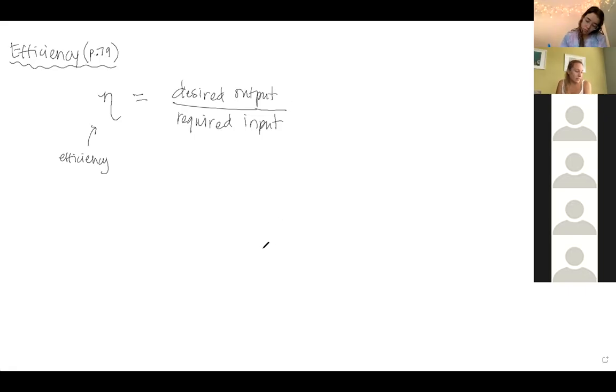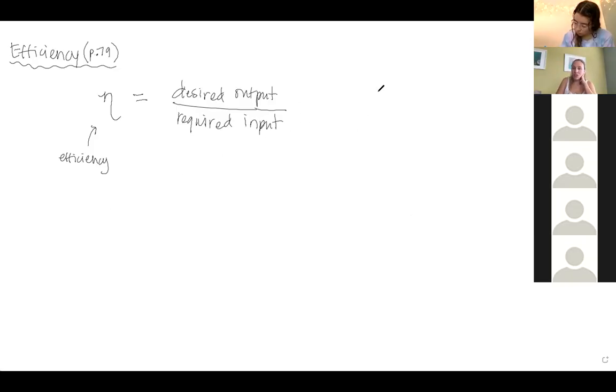So for instance, I guess the best example of this is combustion.